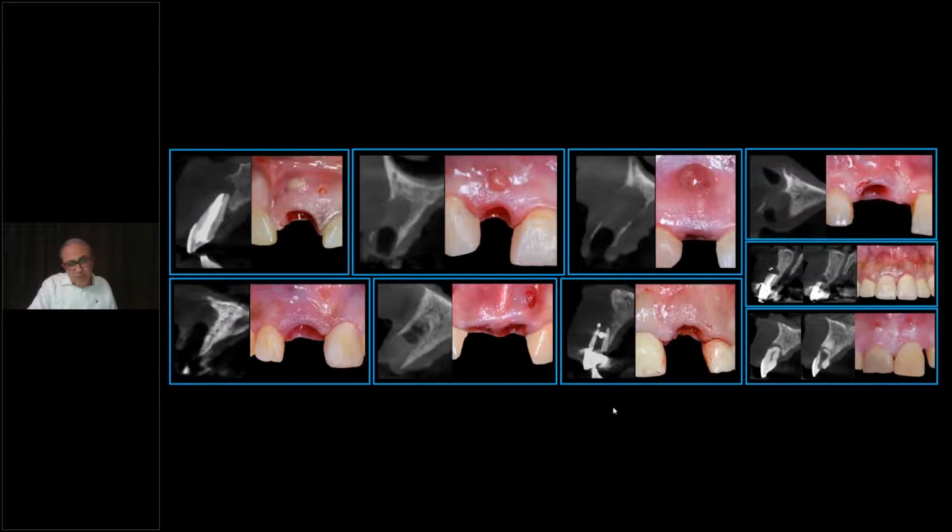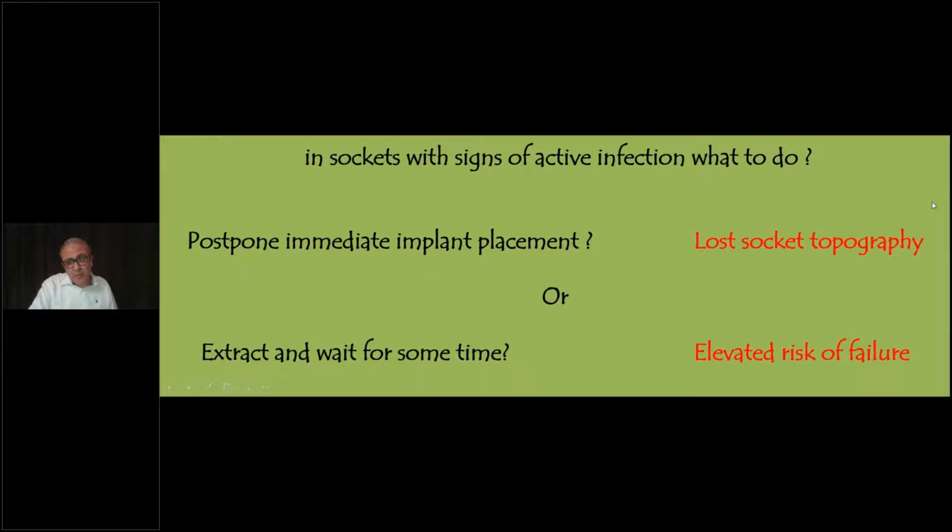If I postpone immediate implant placement, I end up with lost socket architecture, and I really need extensive grafting methods. If I extract and wait for some time, I have elevated risk, definitely, of failure of either the bone graft, whatever. So many risks are involved with both techniques.